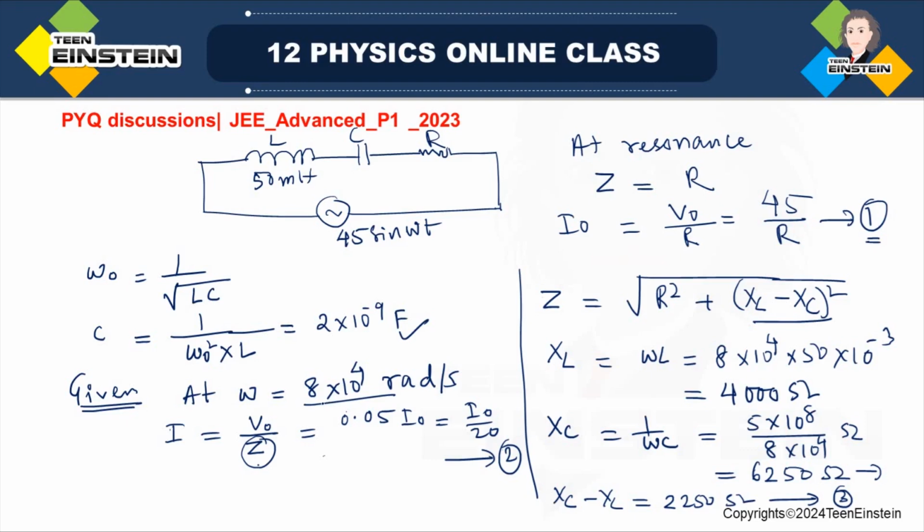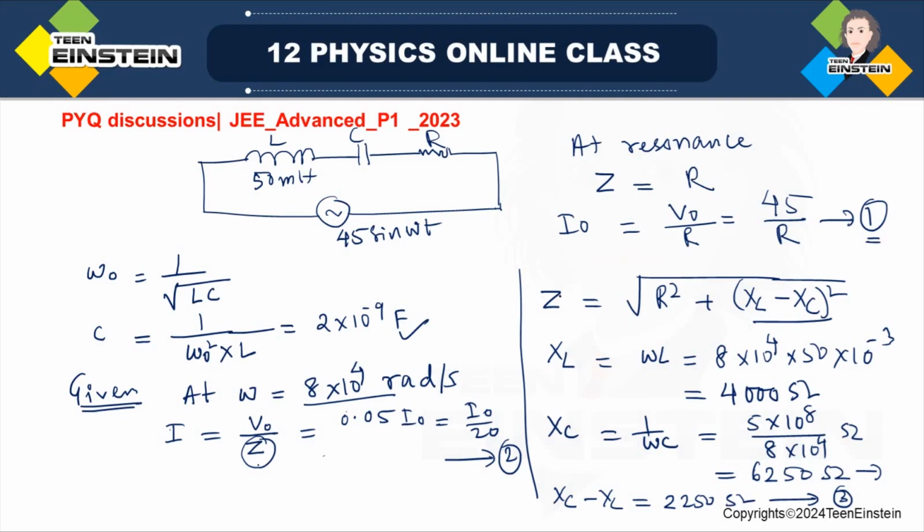That is some other frequency. Therefore this Z is not equal to R. But anyway this I is given as 0.05 I naught, which is I naught by 20. Let us write that to be equation number 2.